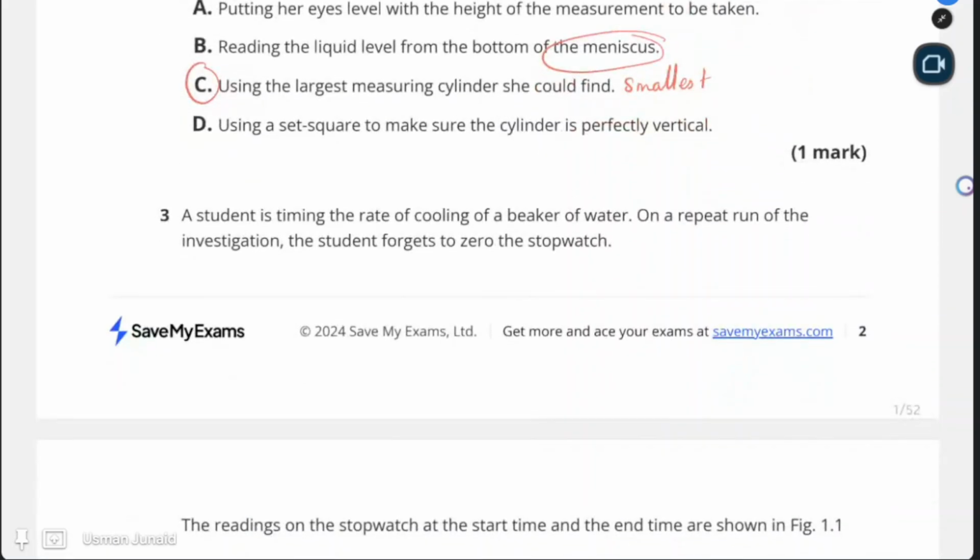A student is timing the rate of cooling of a beaker of water. On a repeat run of the investigation, the student forgets to zero the stopwatch. Zeroing the stopwatch means you turn it off and reset it.